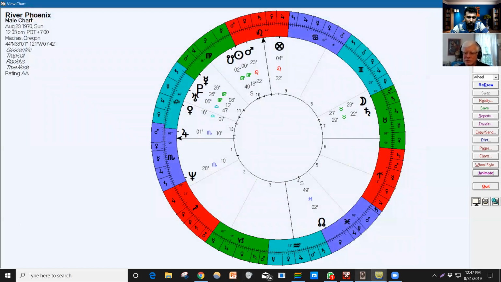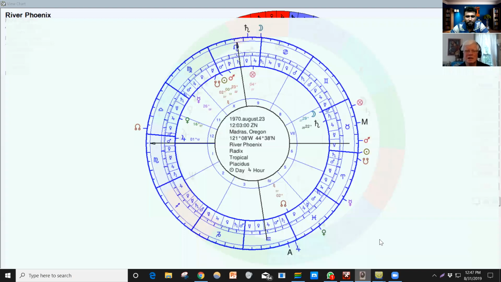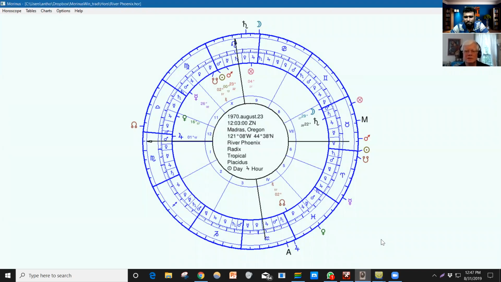So let's go to Morinus. Can you see the Morinus or not? You can see it? Yeah. Okay, so this is the traditional Morinus program, and this is the chart of River Phoenix that we saw before.